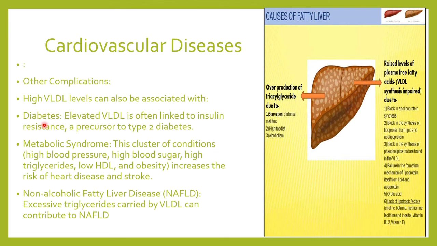Men will have a waist circumference of more than 95 centimeters. Women have a waist circumference of more than 80 centimeters. Excess VLDL can also lead to non-alcoholic fatty liver disease. So NAFLD, excessive TGs can lead to non-alcoholic fatty liver disease.